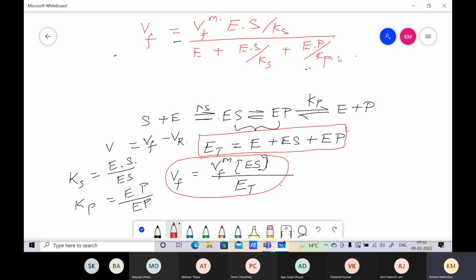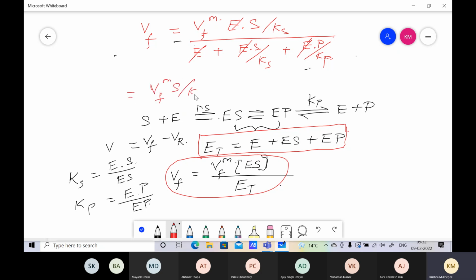This is the way I did it in the last class. And then I divide by E, and then I can cut out these terms.